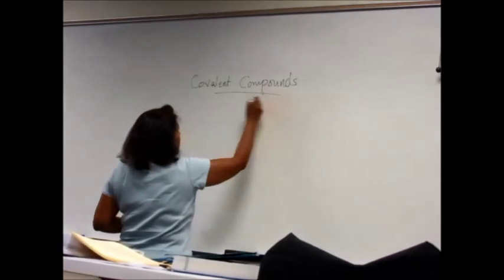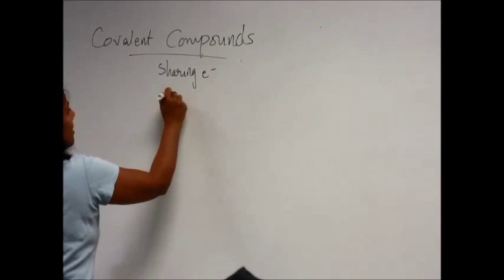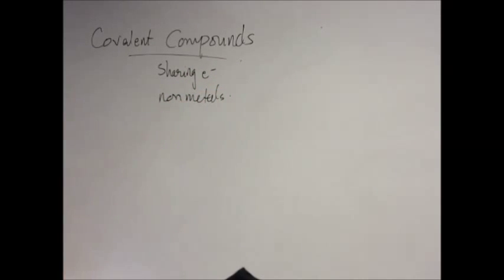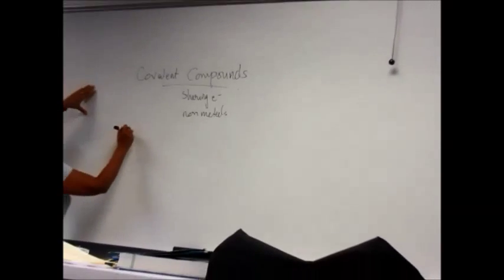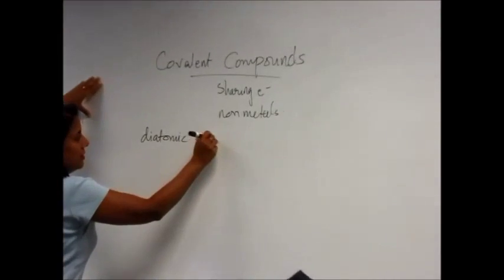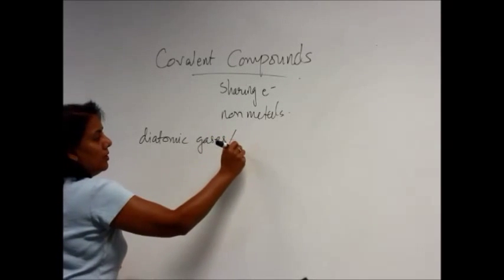Covalent compounds are sharing electrons, and these are non-metals, just to review, which we just did. The simplest covalent compounds, which you need to know, are the diatomic gases or diatomic compounds.